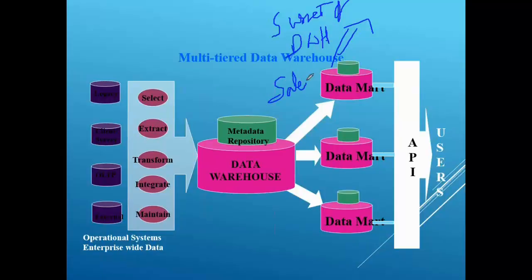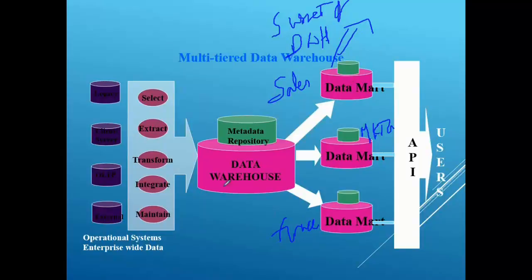When you create a sales data mart, it contains only the sales data. When you create a marketing data mart, it contains only the marketing data. When you create a finance data mart, it contains only the finance data. So data marts are subsets of the data warehouse that contain subject-oriented data.